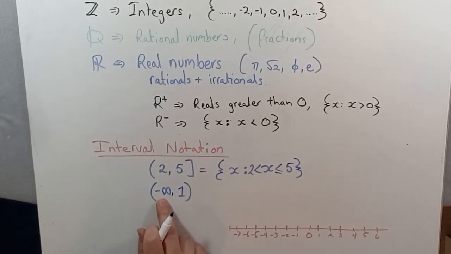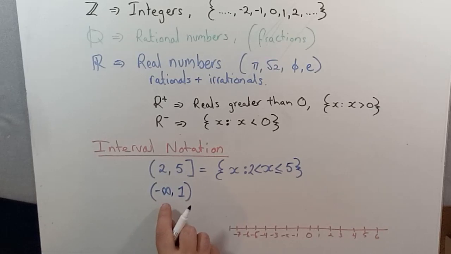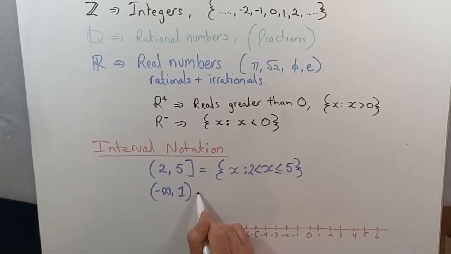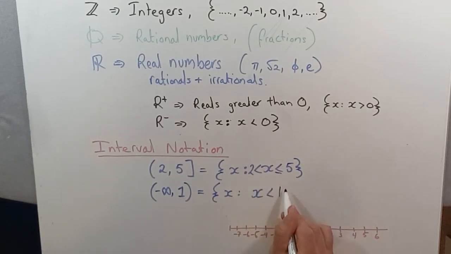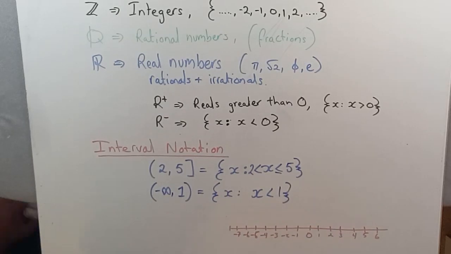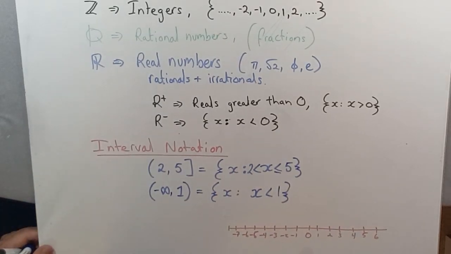Now, whenever we've got an infinity at the boundary here, we never go including because we don't consider infinity as a particular number itself. So we always use an open bracket for infinity, and we can write that as X such that X is less than 1.